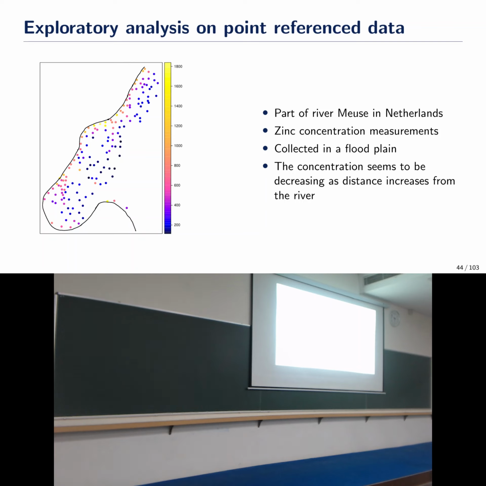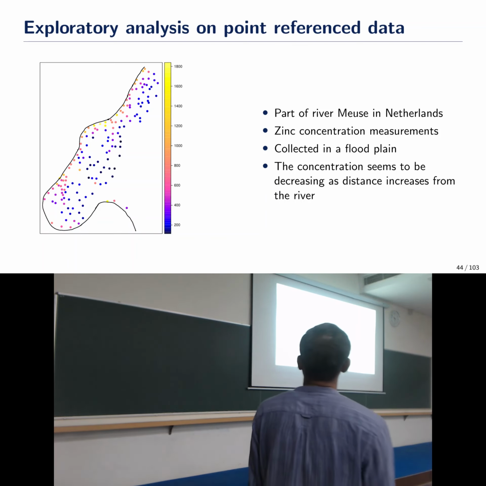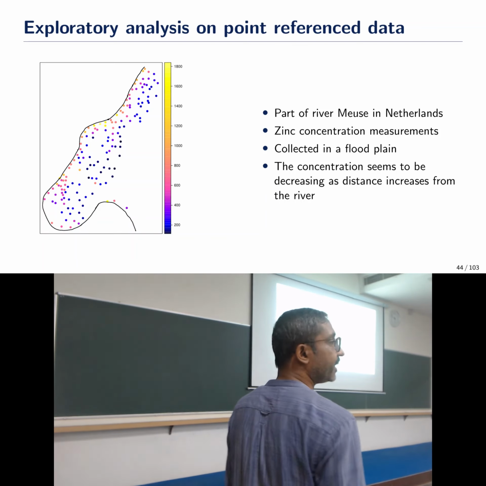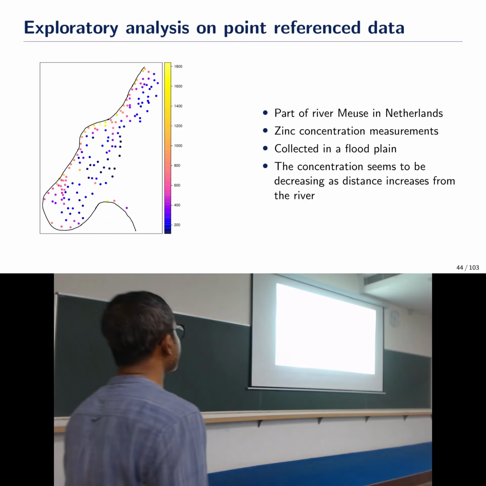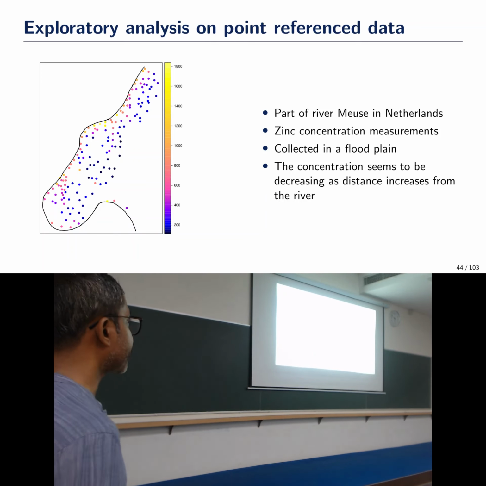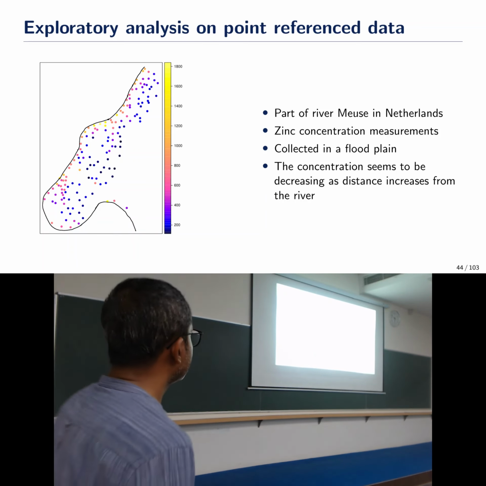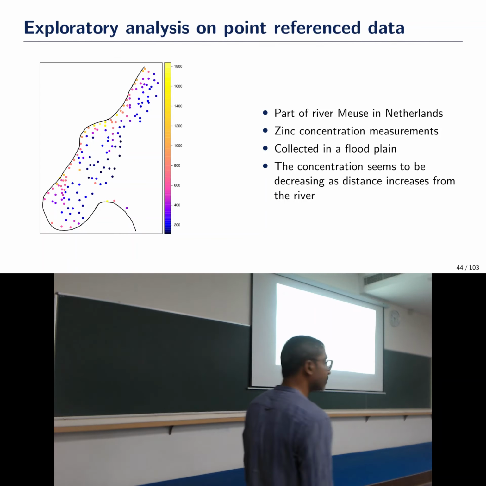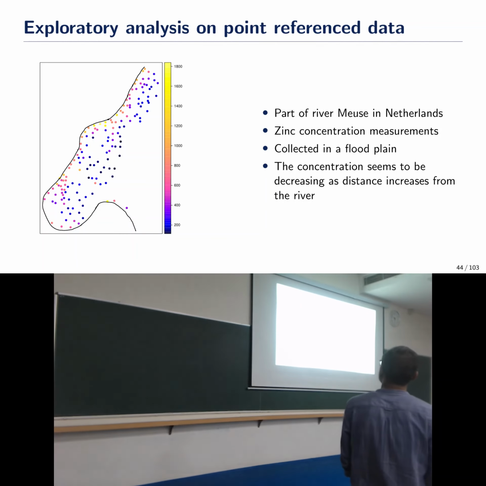Now what you see, as I earlier mentioned, is just a part of the river in Netherlands, and these are zinc concentrations measured at these particular locations. If you observe this data set closely, these concentrations seem to decrease as my distance from the river increases.